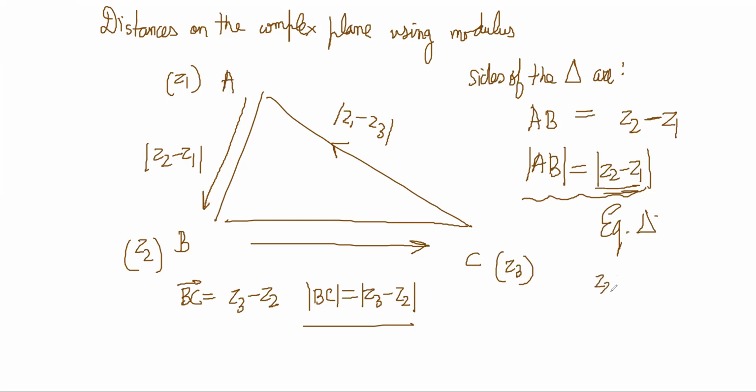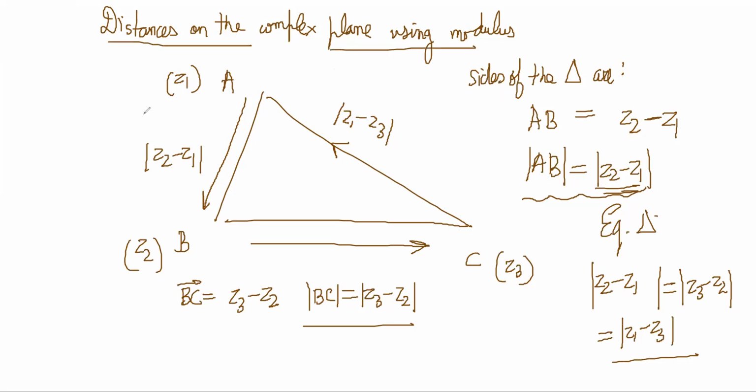So you have mod of Z2 minus Z1 should be equal to mod of Z3 minus Z2, which is equal to mod of Z1 minus Z3. So distances on the complex plane, using modulus, we can find out.